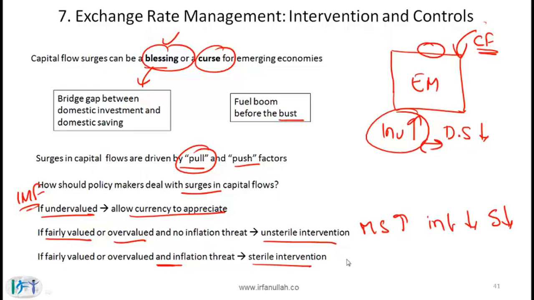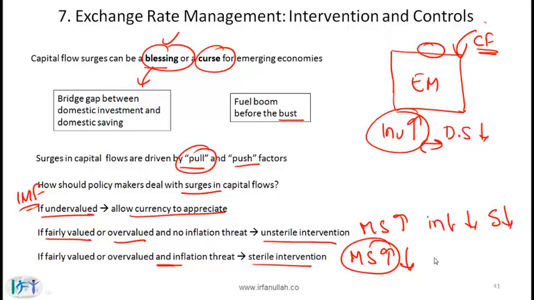So in essence, when capital flows are coming in, that is causing money supply to go up. But because of this mopping up of liquidity, we balance out this increase. In other words, we reduce the money supply because we are buying securities from the market.